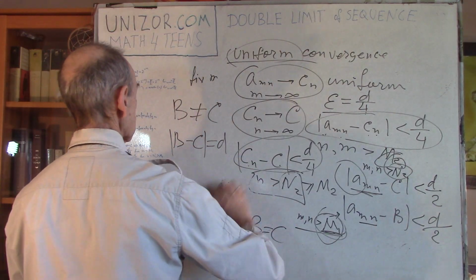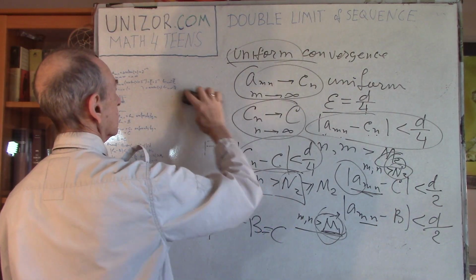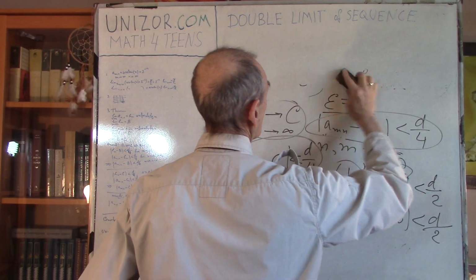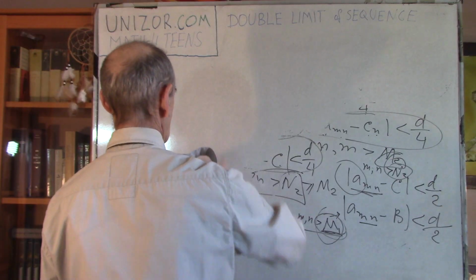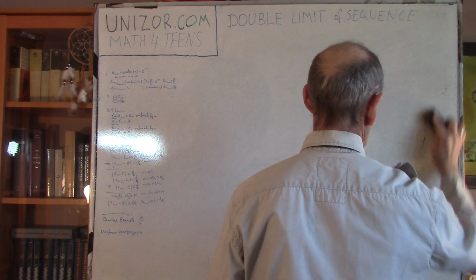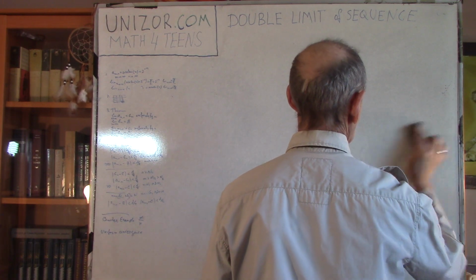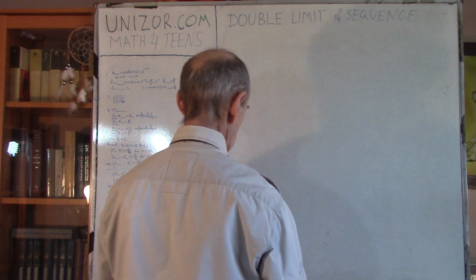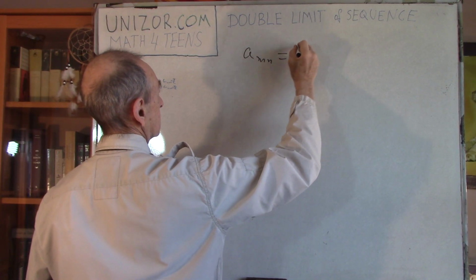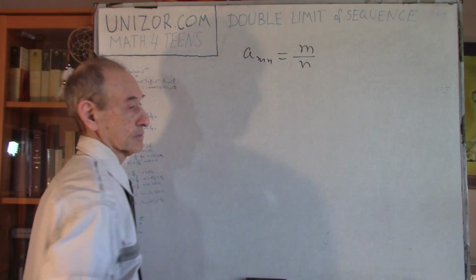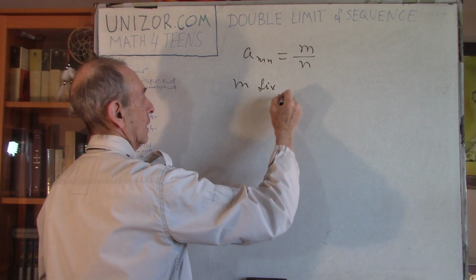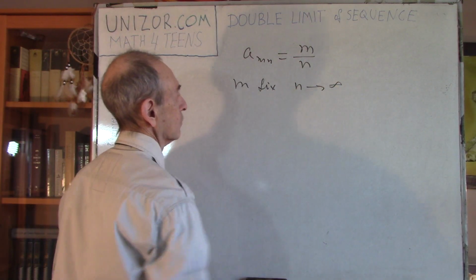The situation is not so simple. And it's a really very simple example. Okay, consider the sequence a_mn equal to m over n. What happens? Well, if m is fixed and n goes to infinity, what do we have?